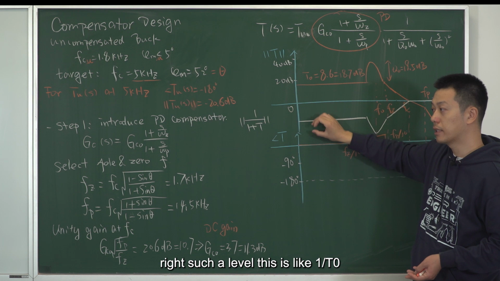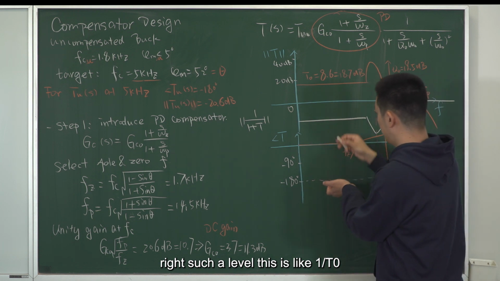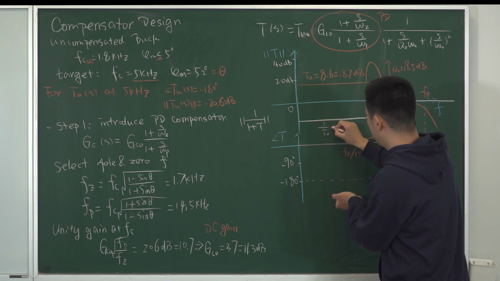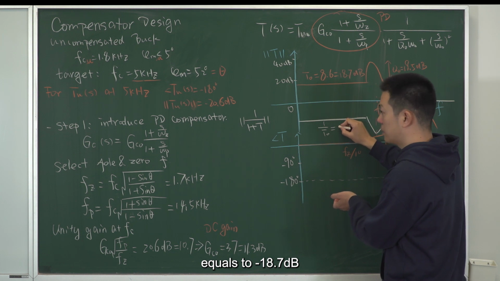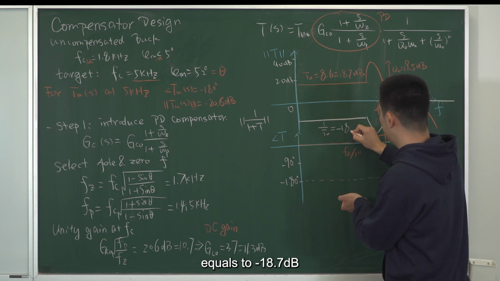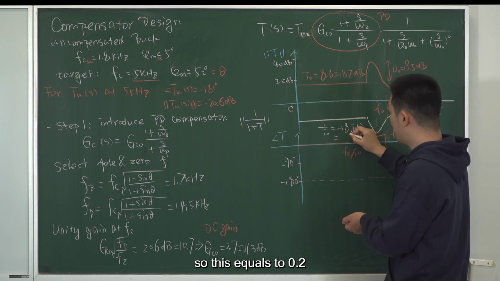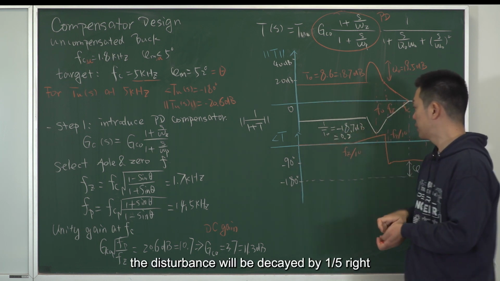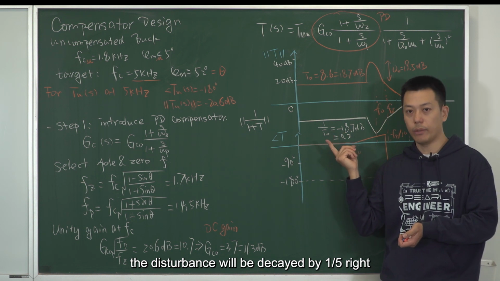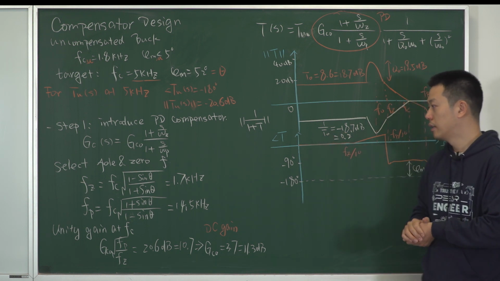This is like 1 over T0 equals to like minus 18.7 dB. So this equals to 0.2. The disturbance will be decayed by 1/5, right?